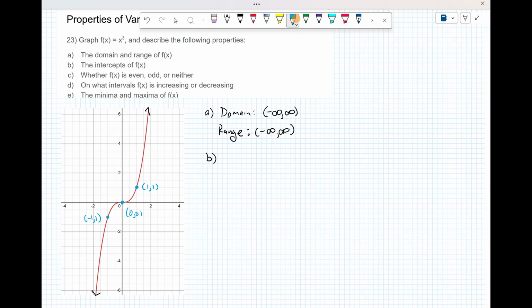If you can remember those 3 points, those are the 3 most important points. So our x-intercept, again, is 0, 0. The y-intercept is also 0, 0.